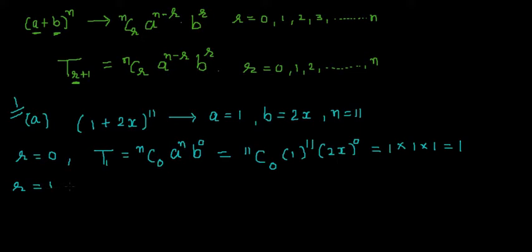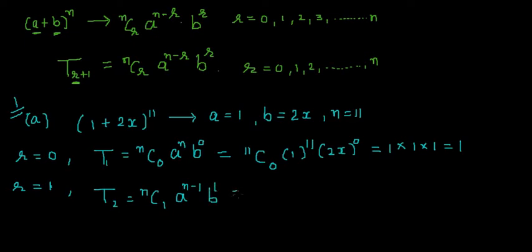Now if I keep r equal to 1 in order to get the second term in the general term formula, so T2, I am going to get nC, instead of r I am keeping 1 here, a raised to, the power of a is always n minus r, so n minus 1, and b raised to r, which is 1 over here.